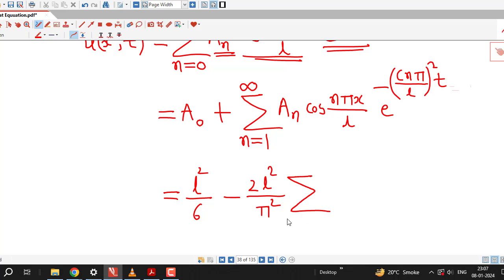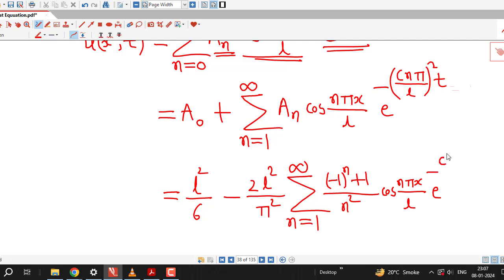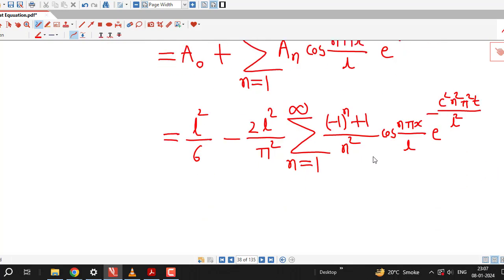Inside summation, sigma n equal to 1 to infinity minus 1 raised to n plus 1 divided by n square cosine of n pi x over L, and this I can rewrite as c square n square pi square t divided by square of L. So this is the temperature at any point x comma t.